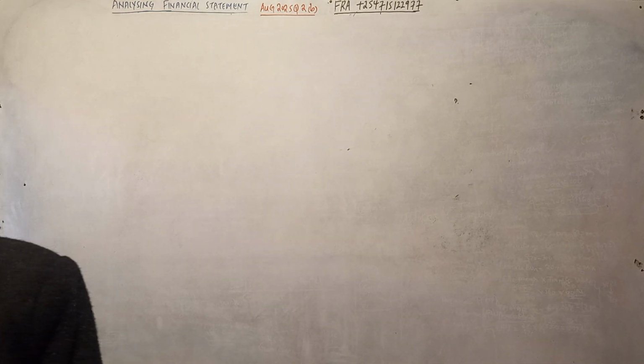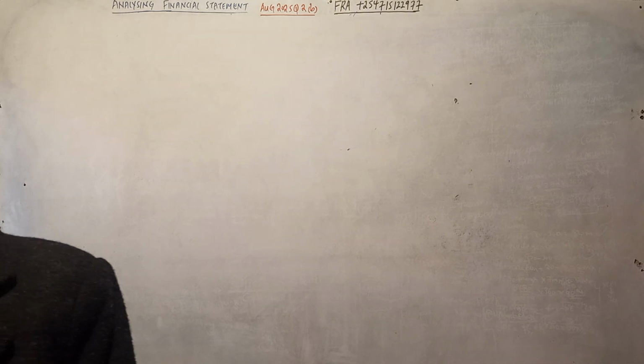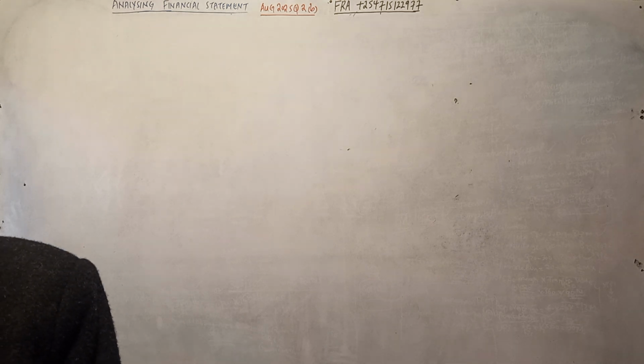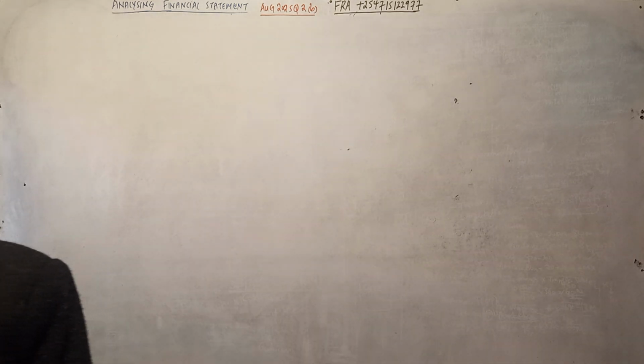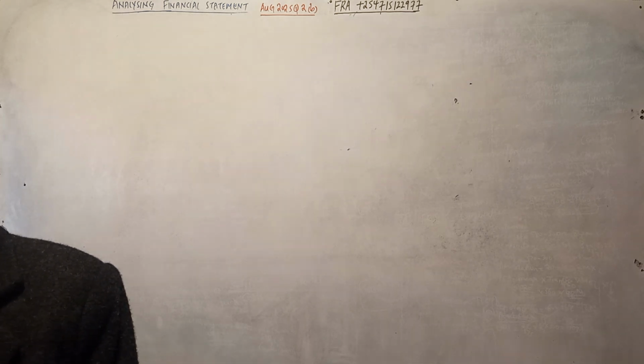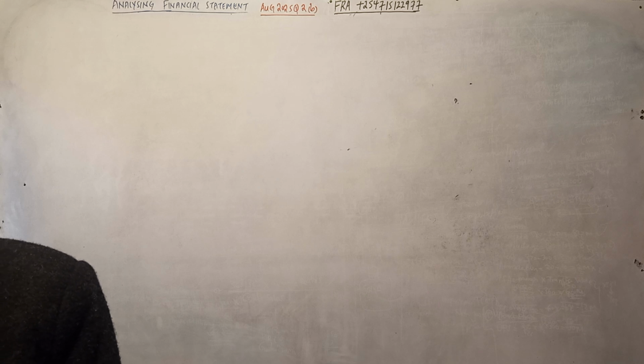Required: number 1, vertical analysis on the statement of profit and loss for the year ended 1st December 2024. And number 2, horizontal analysis on the statement of the financial position. Each 8 marks.